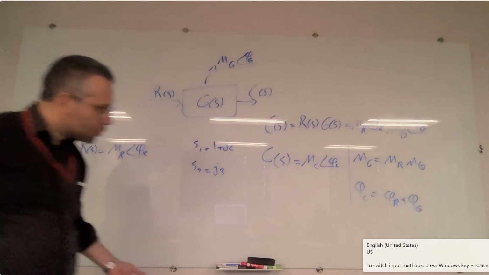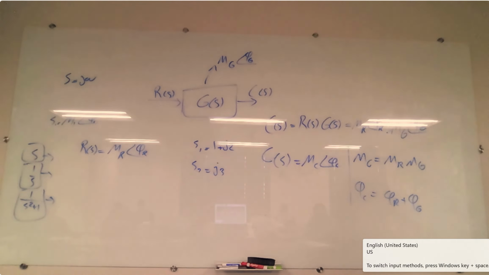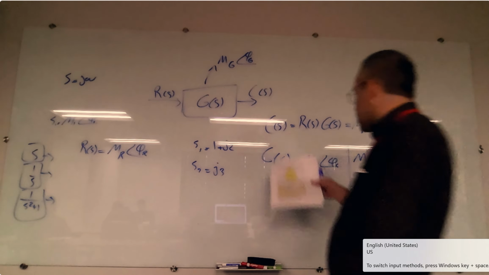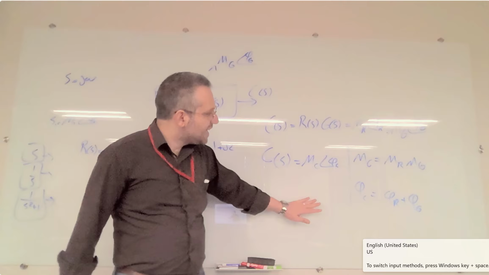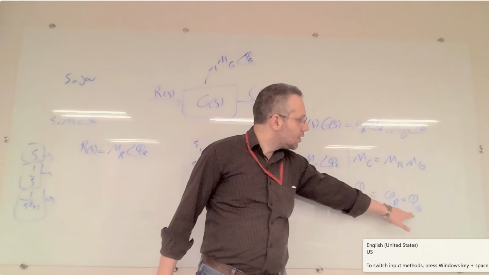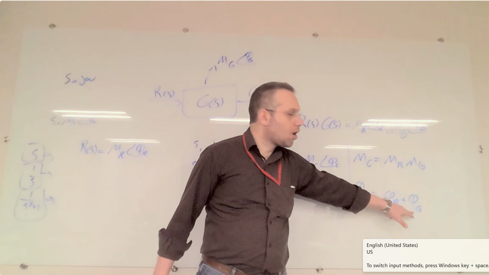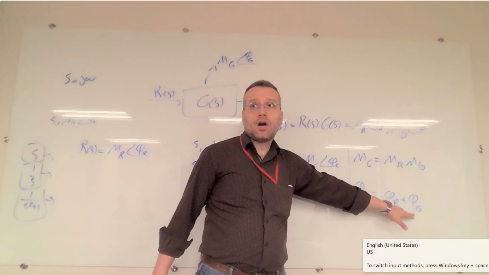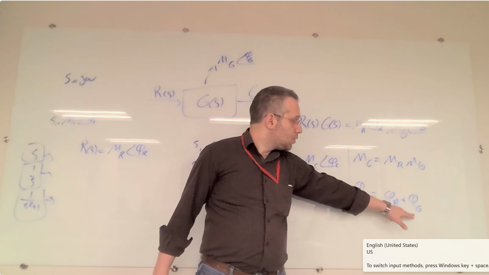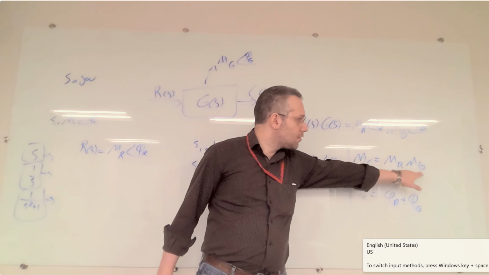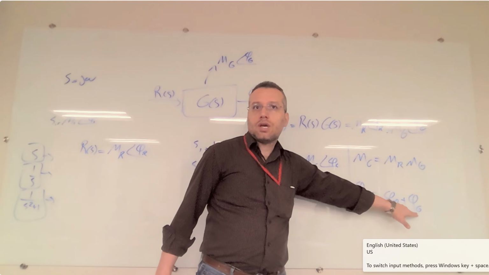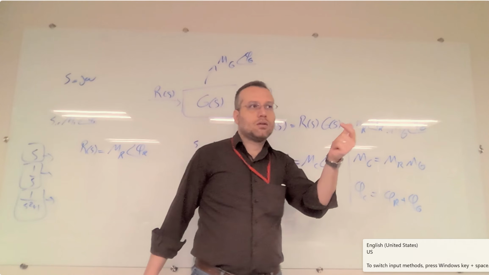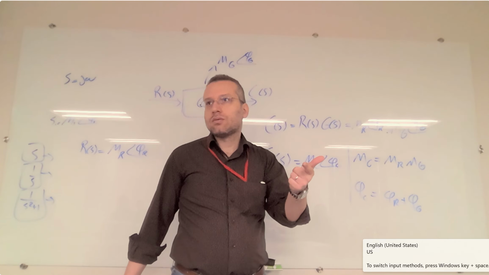Now, in order to analyze the system, meaning to know what is going to happen for each input and find the output, based on what we discussed, what we need is to find what's happening in our G of S, or transfer function, or our system. If I can find a way to show this M of G and phi of G, then it doesn't matter what my input is, I can easily find what is going to happen to that input.